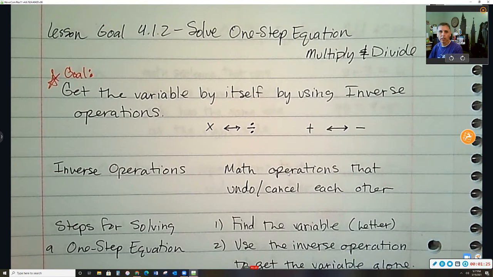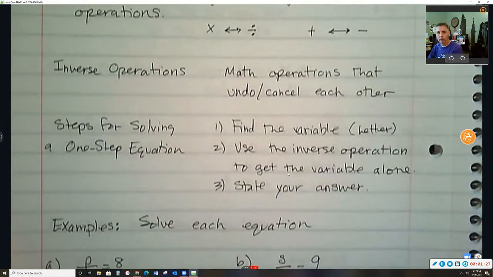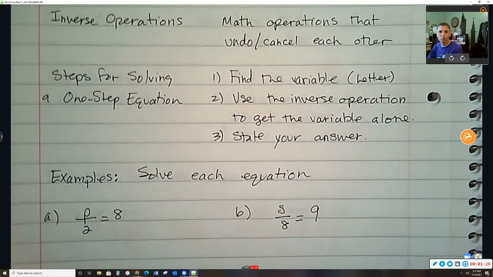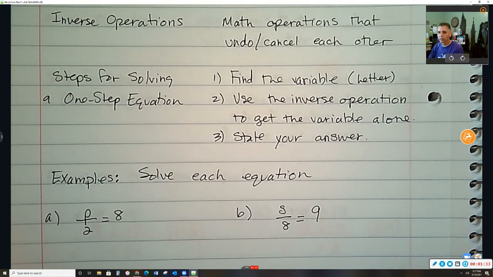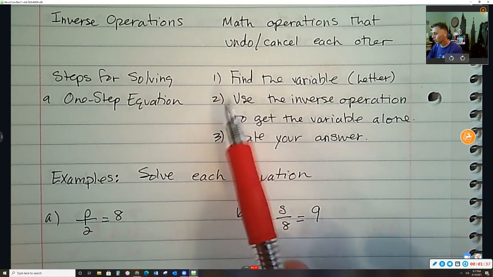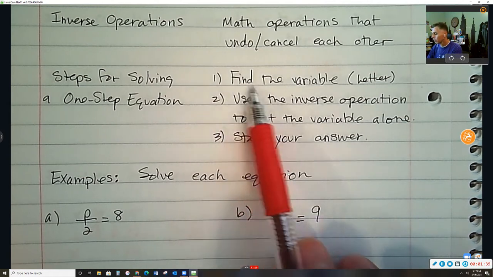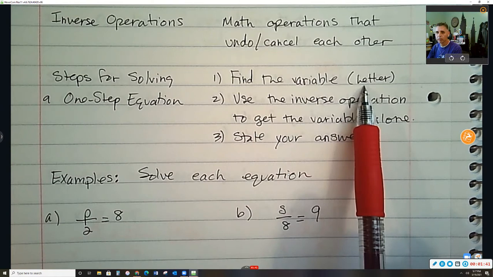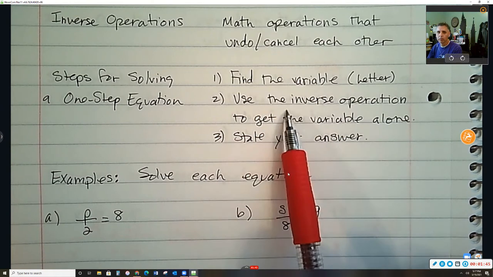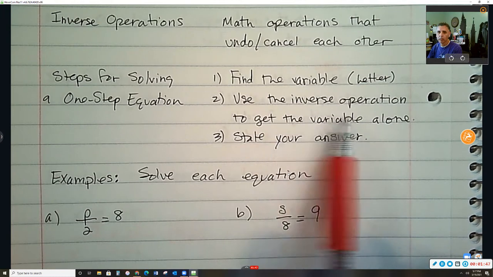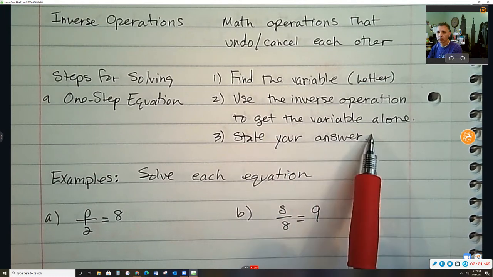So pause that. I'm going to lower it some more. So here we have steps for solving one-step equations. It's pretty fast and straightforward. There's not too many steps. So the first thing you want to do is find the variable. Variable is the letter, okay. And then step 2, it says use the inverse operation to get the variable alone.